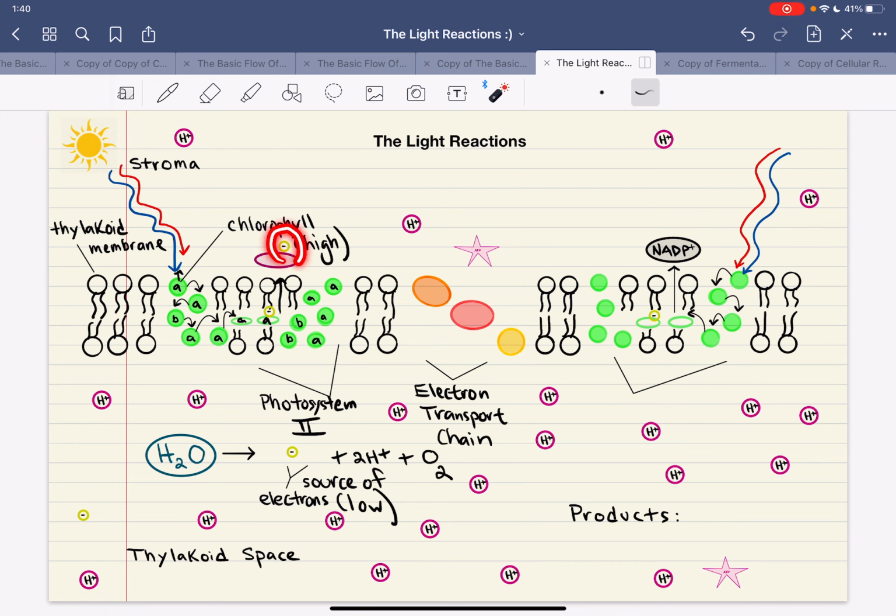And we're going to use that excited electron to produce ATP. Now that's great, we produce some ATP, but isn't the whole goal of photosynthesis to produce glucose? And so far, we haven't done that. So what's next? Well, the next destination of this electron is another photosystem called photosystem 1. We're going to take a moment to label it.